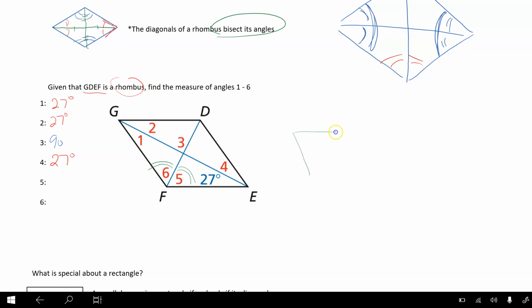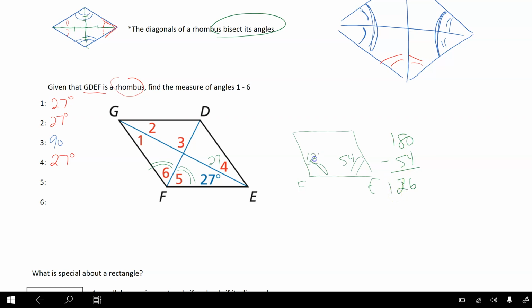But since a rhombus is a parallelogram, we know that angle F and angle E have to be supplementary. So they have to add up to 180. Well, I know that angle E is made up of a 27 and a 27. So together, angle E must be 54 degrees. So if I do 180 minus 54, then I get 126.